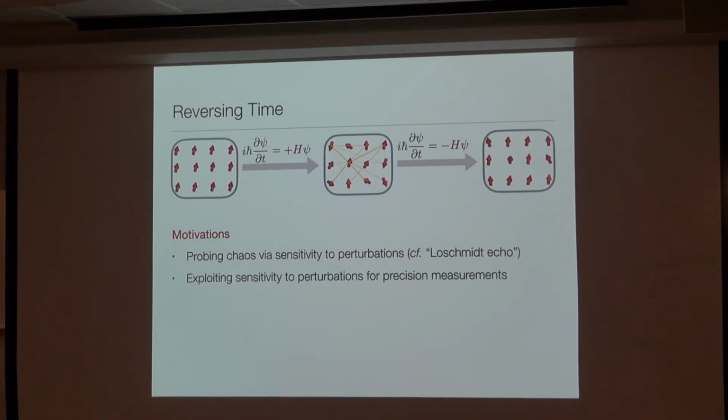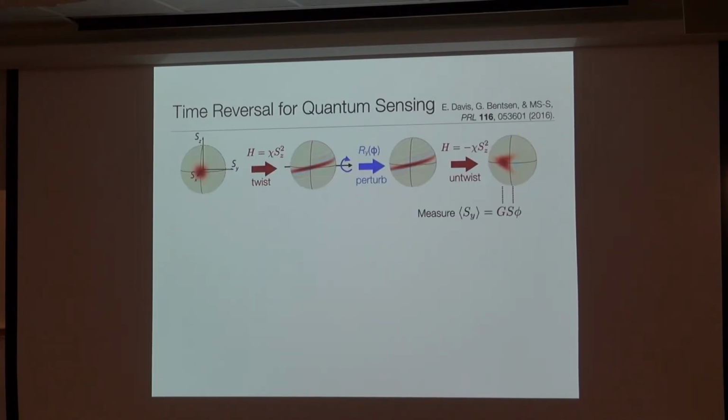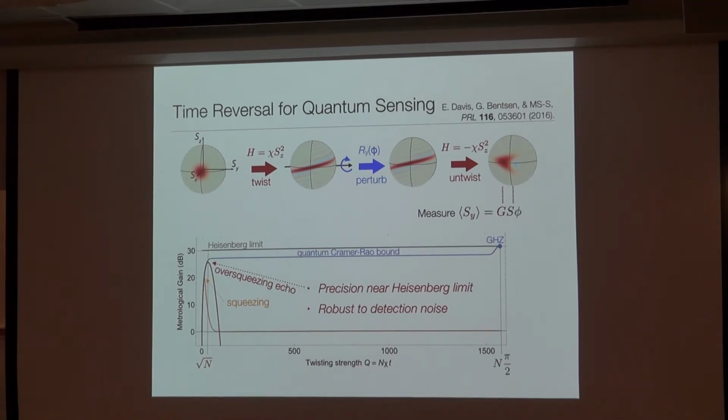We had actually been thinking about a flip side of this, which is asking whether you can use this question of, does the system come back to its initial state after a perturbation, as a way of sensing perturbations. So it turns out, if you apply this kind of echo concept of going forward and back in time with some small perturbation in between, in this type of Hamiltonian that I showed before, it turns out to be a very valuable tool for sensing near the Heisenberg limit in a way that's very robust to detection noise.